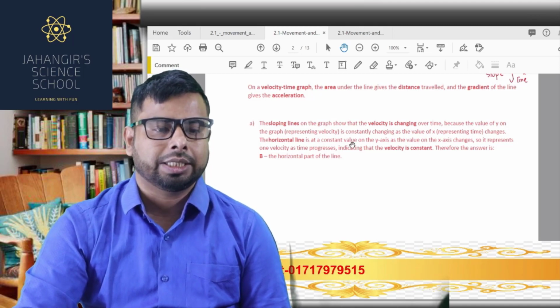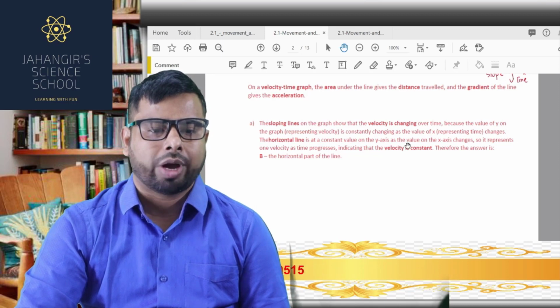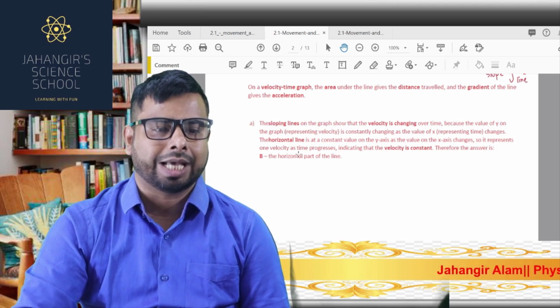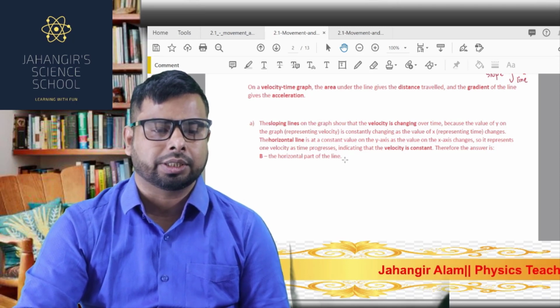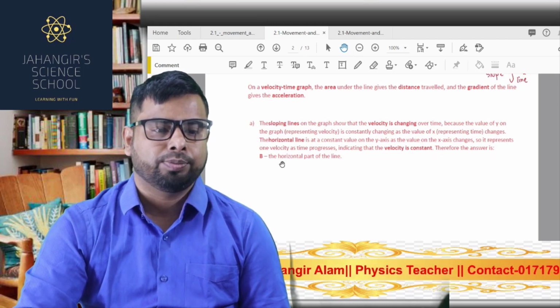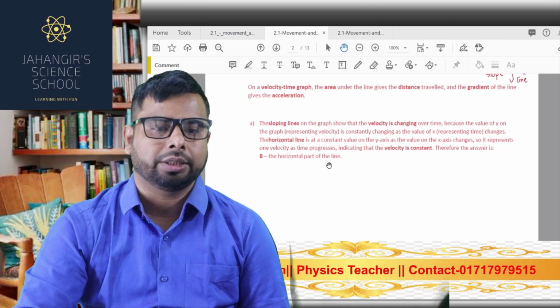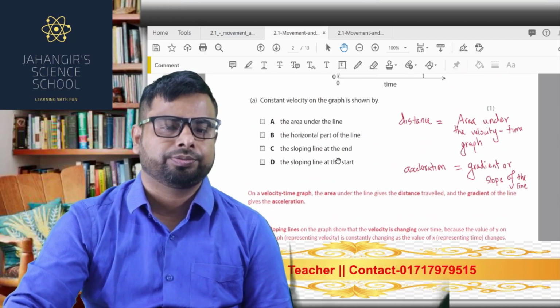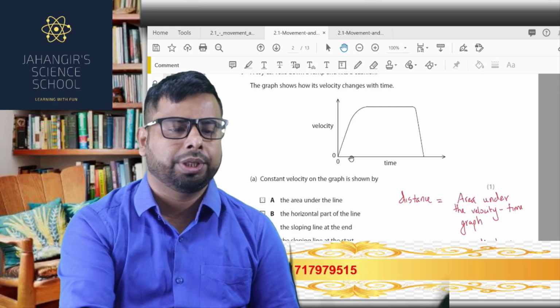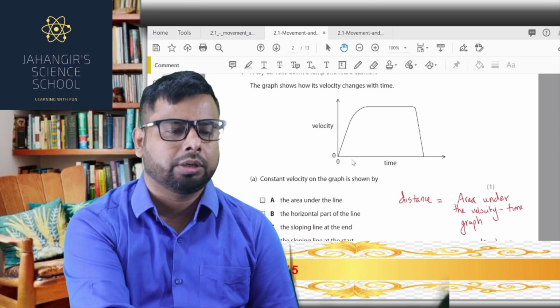The horizontal line has a constant value on the y-axis as the value on the x-axis changes. So it represents one velocity as time progresses, indicating that the velocity is constant. Therefore, the answer is B, the horizontal part of the line.